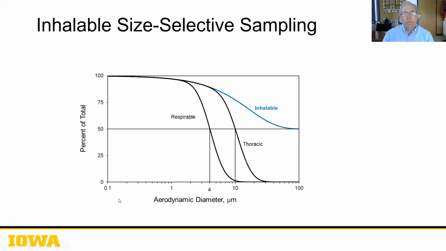Okay, so if that's true, then here is the size selective sampling or efficiency curve for the three basic types of sampling criterion established by folks back in the day, including the ACGIH, ISO, and others. The inhalable curve, as you can see here, and this is on a log scale down below, mind you, goes out to about a 50% efficiency at 100 microns.